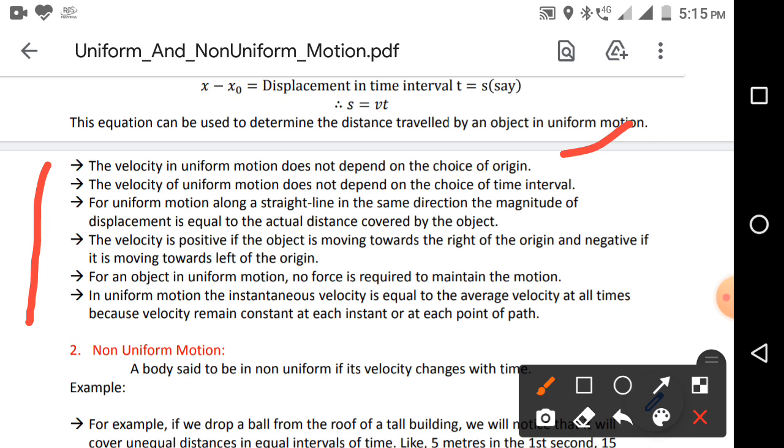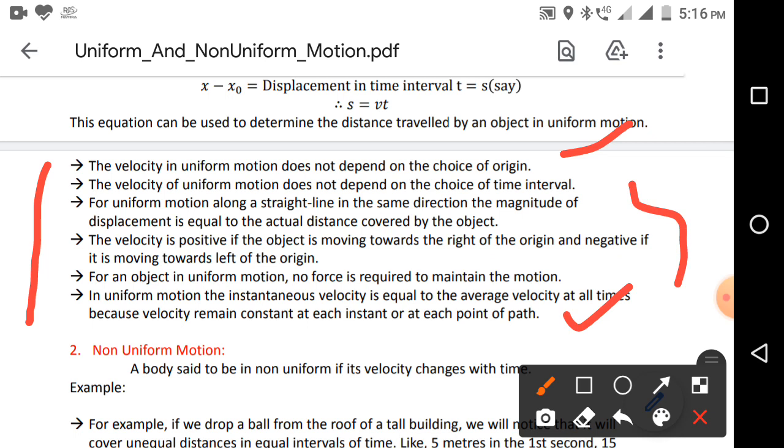So remember, whenever a body is following uniform motion, the instantaneous velocity is equal to the average velocity of the body at every instant of time or at every point in that journey or in that path. Okay, so these are the properties of a body following uniform motion.